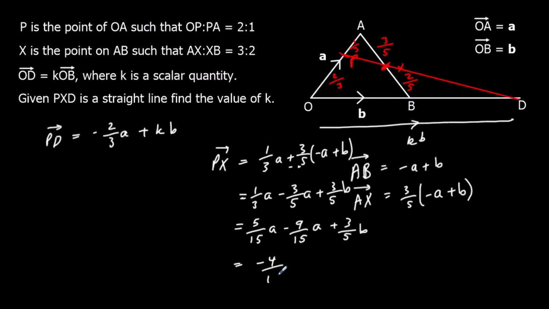So we've got negative 4/15 A plus 3/5 B. That's our P to X.